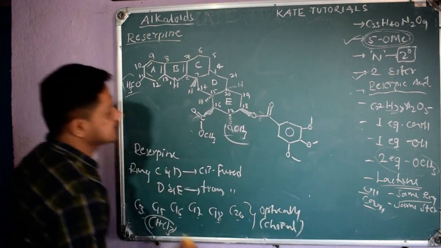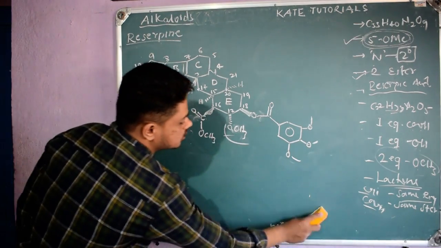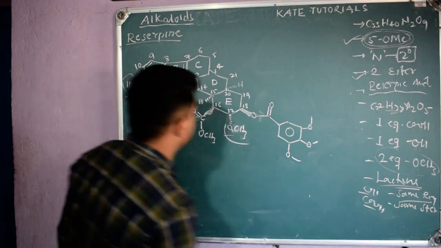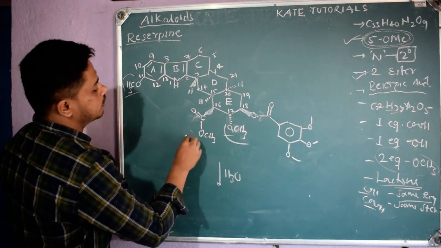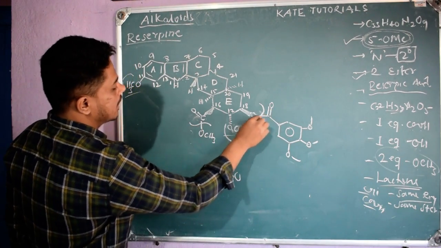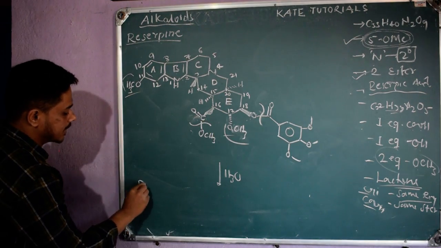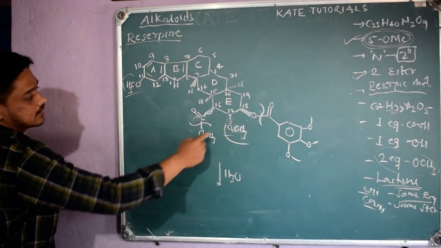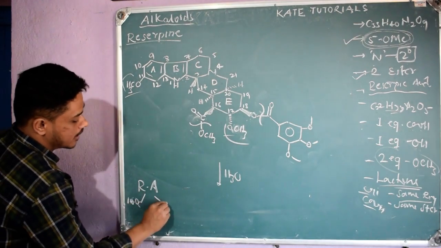So let us see a few more reactions which we discussed in the previous classes. If I do a hydrolysis experiment, this bond will be broken, and here this bond will be broken, and here I will get alcohol, here I will get acid, that is Reserpic acid, which contains within the same ring an acid group and an alcohol.